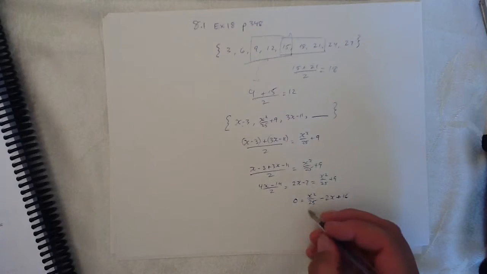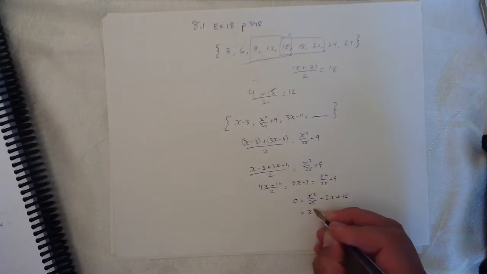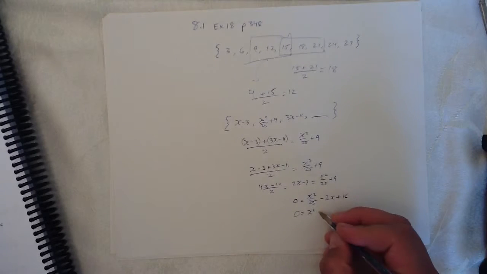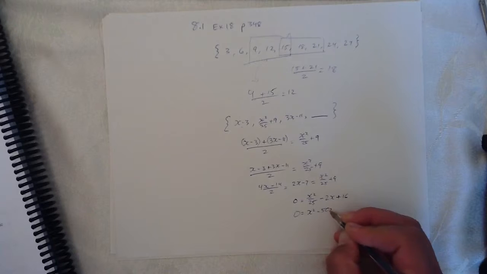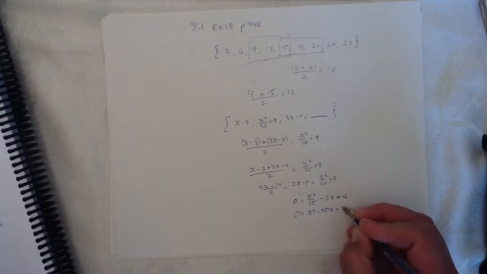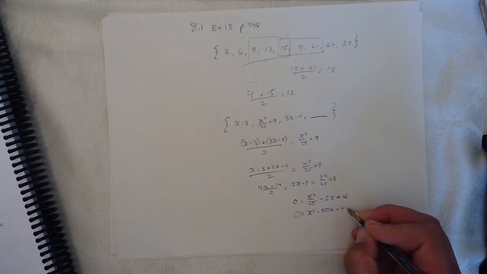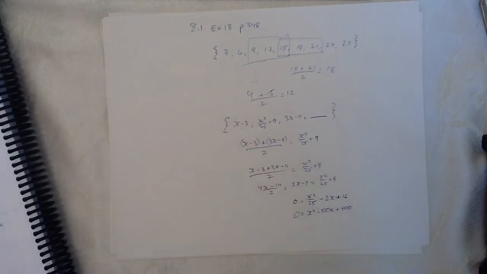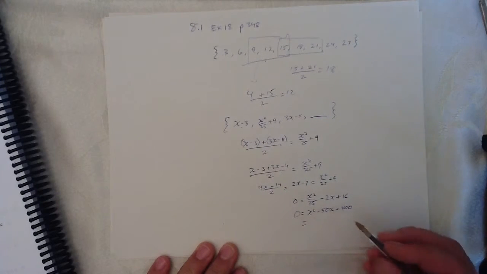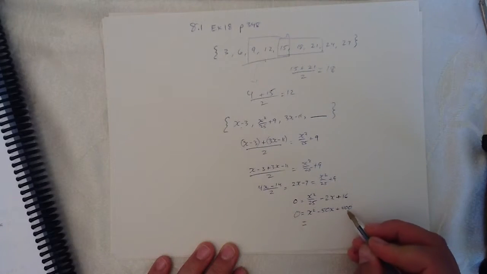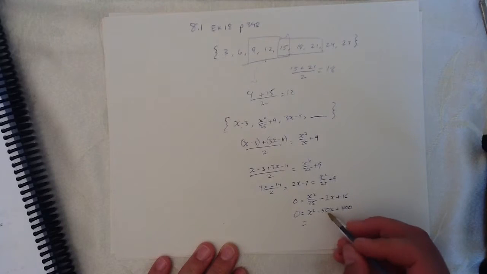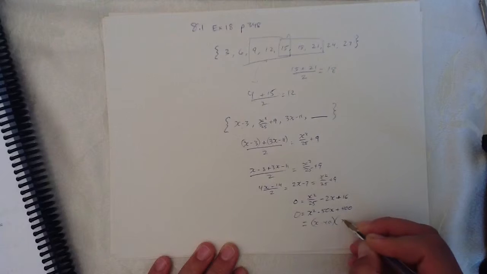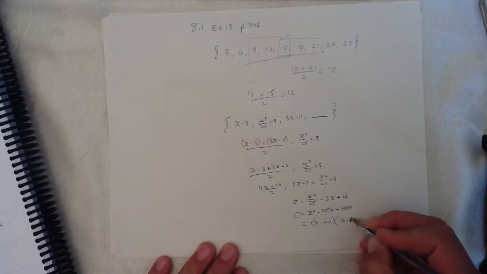If I multiply the whole thing through by 25, I've got x squared, it's still 0 on that side, minus 50x plus 400. And this factors: 10 times 40, 10 and 40 add up to 50, so (x minus 40) times (x minus 10).